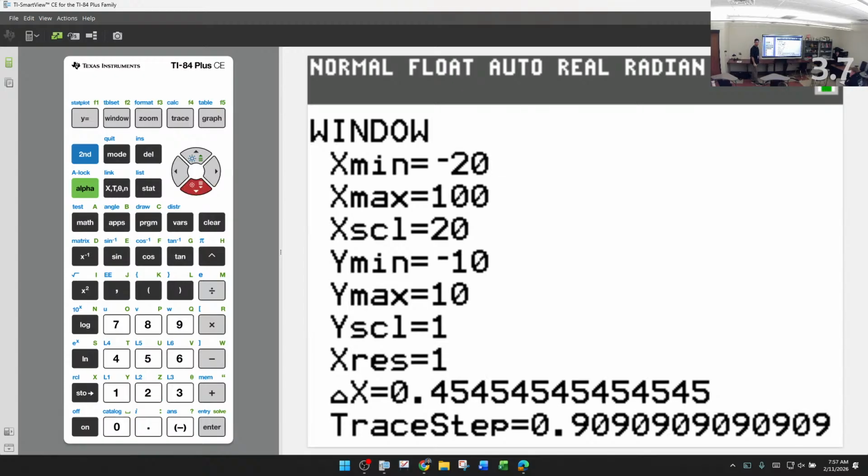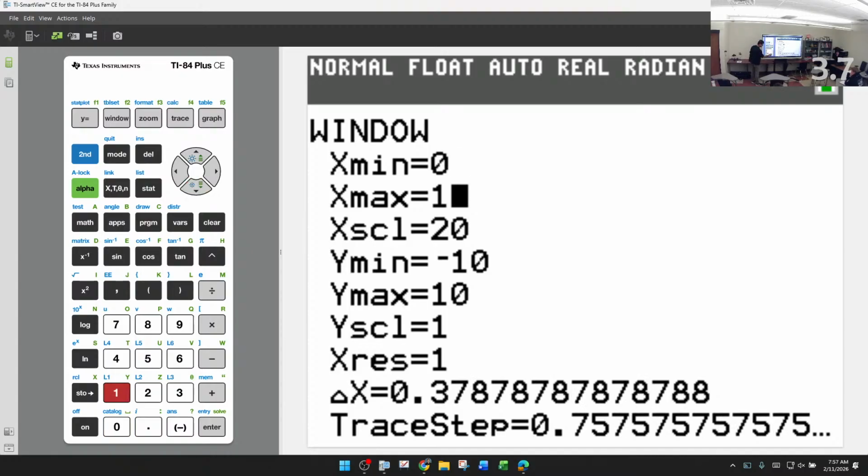Oh, it said M went from 1 to 12. I like to do a little extra. That way I can make sure I see my endpoints.